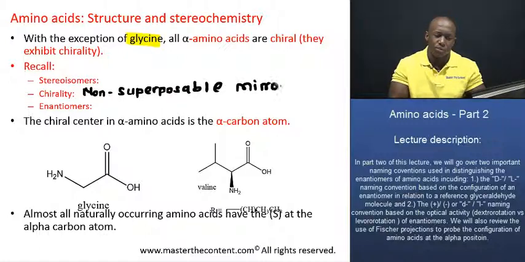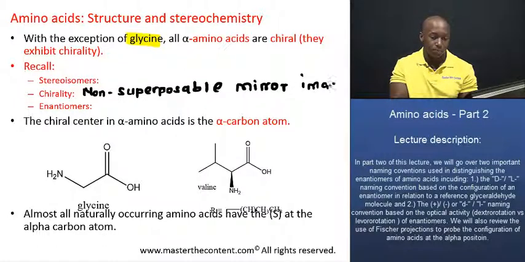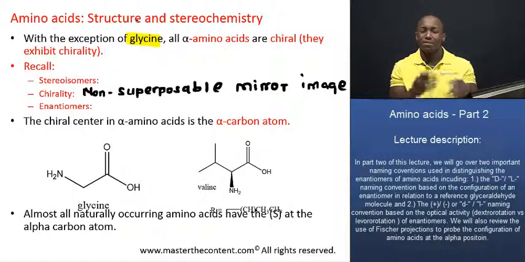I'm not even sure if superposable is an actual word, but hey, we're not here to study English. So a chiral molecule has a non-superposable mirror image. Again, this should be stuff you're comfortable with at this point. If not, go back and review that lecture on stereochemistry.